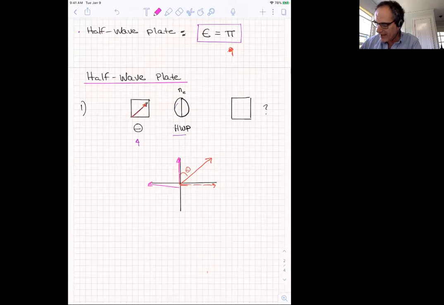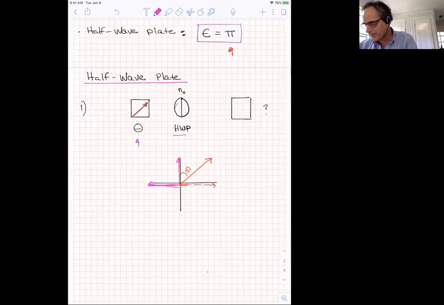And that's because, remember, these vectors are oscillating in time, and delaying by pi radians, or half a period, means taking it from a positive component to a negative component. So we've changed the sign of one of the components, but not the other.